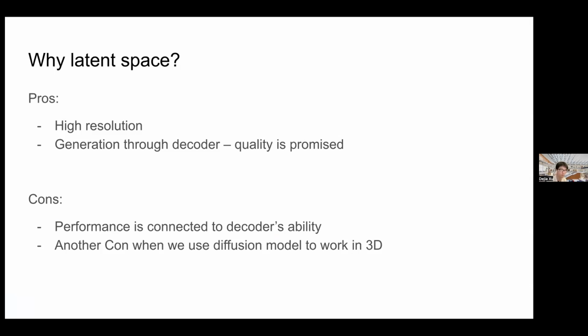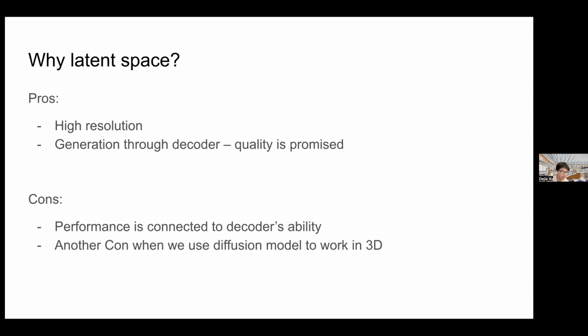We only have to diffuse in 64 by 64 resolution if we have an encoder that downsamples 8 times. This is very beneficial for high resolution diffusion, because if you want to train a diffusion model that works directly on 512, you will need training samples of this high resolution, and this greatly increases the training burden.